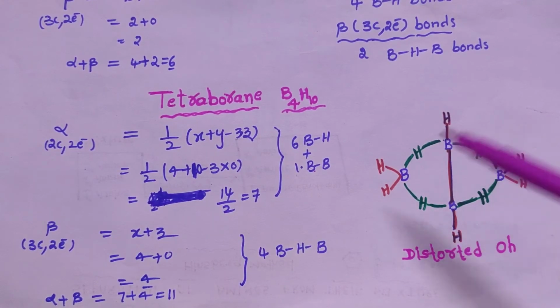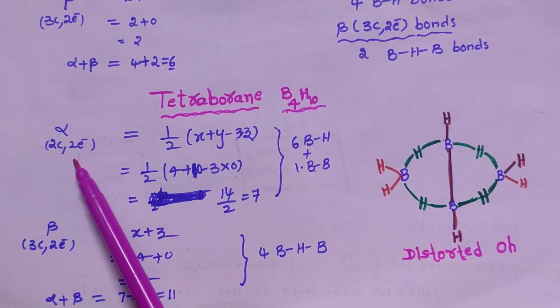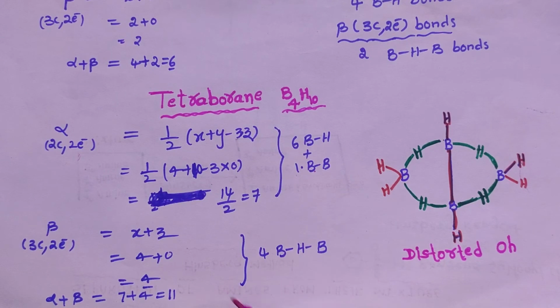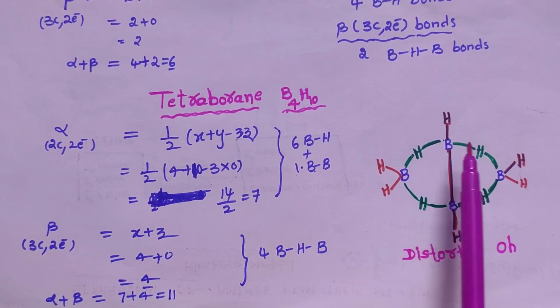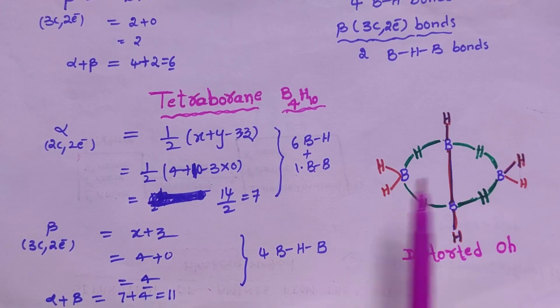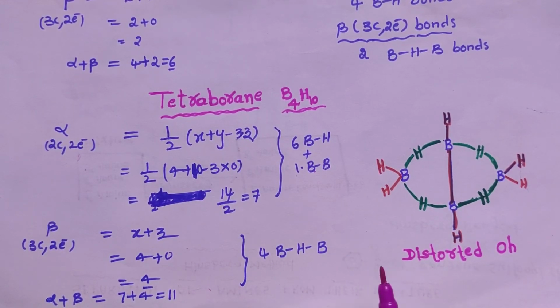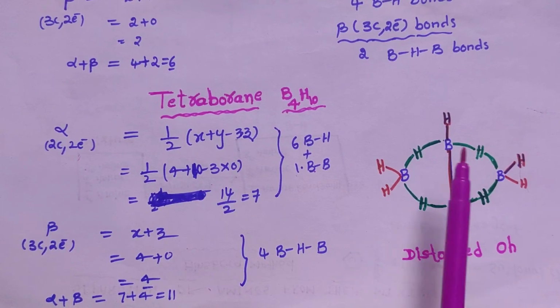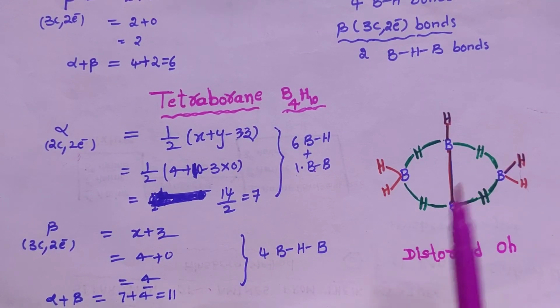So the total number of 2-centered 2-electron bonds is 6 plus 1, 7, and the number of beta bonds is 4, that means BHB bonds is 4. And the structure of this B4H10 is a distorted octahedron. But in order to understand it in a simple manner, we represent the tetraborane like this.